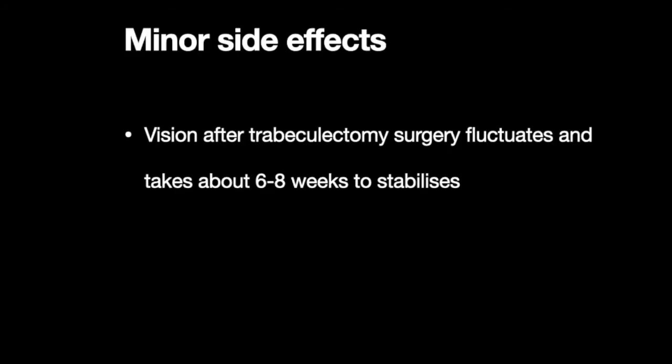Now, after the surgery, as the eye is getting used to the fluctuations of intraocular pressure, you can also have minor vision fluctuation, which will, over a period of time, approximately 6 to 8 weeks later, will stabilize. And that's the time when we recheck the power and give the final glass prescription.